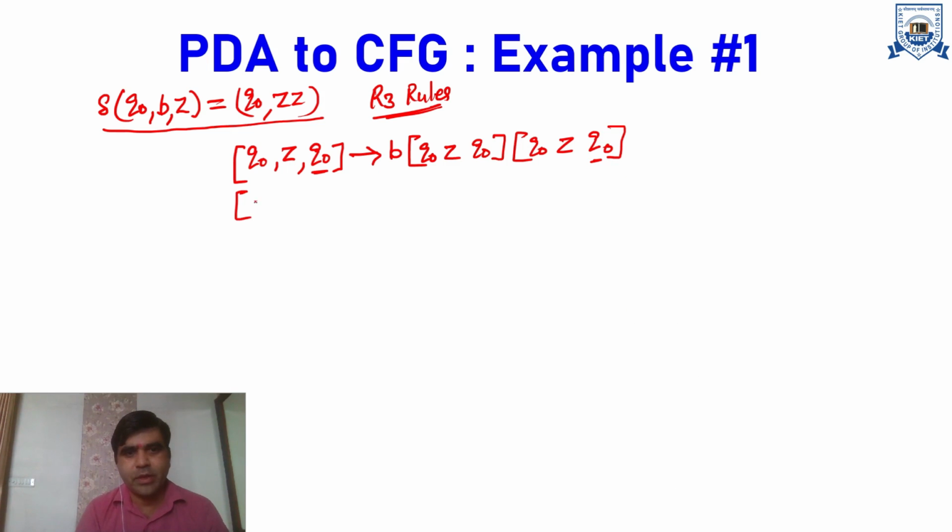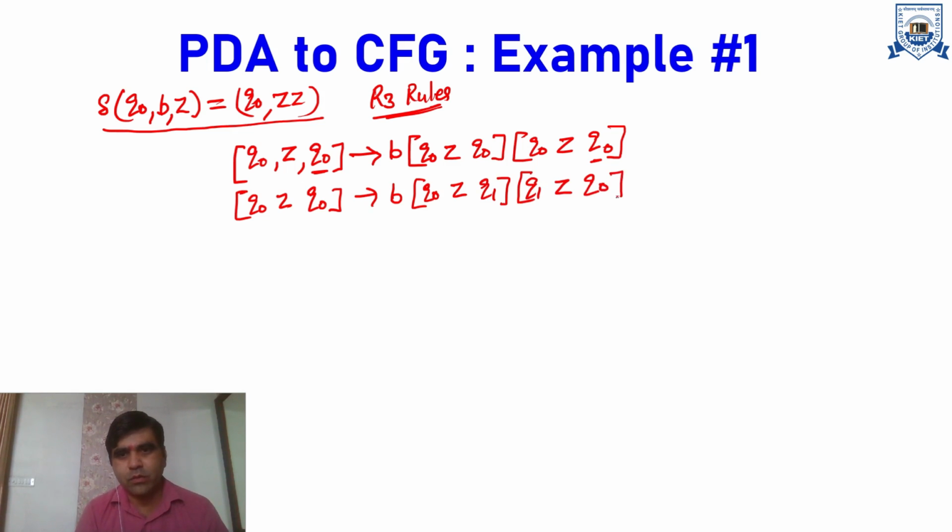Another rule will be that we have Q naught, Z and Q naught derives, again we have B here, we have Q naught, Z, Q1, and because we have ended with Q1, we'll start with Q1, Z and Q naught. Now instead of this Q naught, I'll start with Q1.